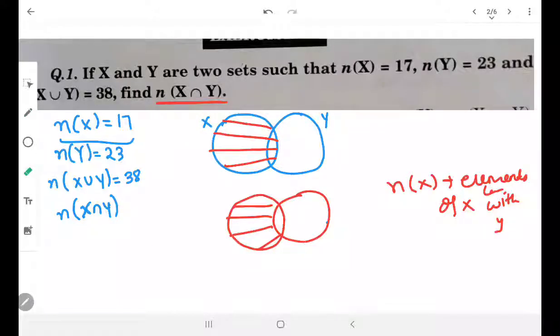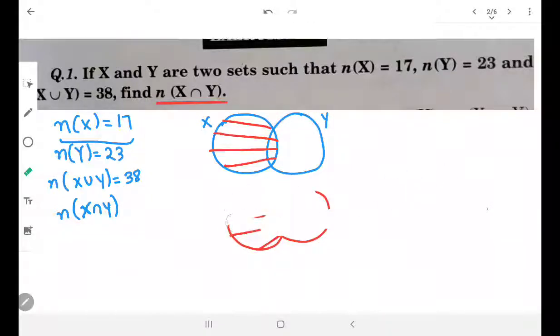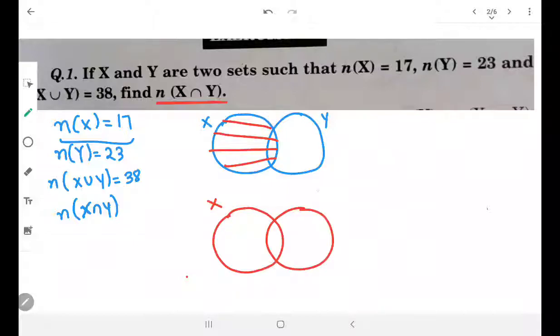Now they said n of x, which means this whole thing. If I make it this way, this is my set x and this is my set y, and there is something common. So always when you are given two sets and you have to solve it with a Venn diagram, always fill in the common value first.